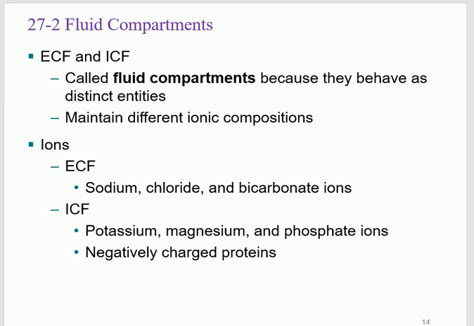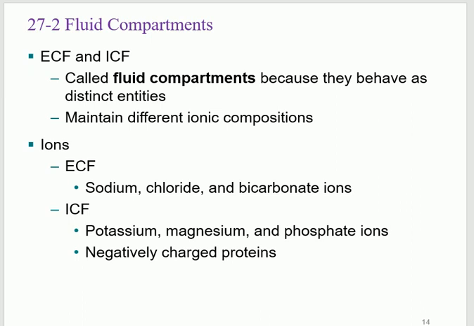Out of those, the most important that you cannot forget are sodium and potassium. Sodium is the main extracellular what? Cation or anion? Cation. And potassium is the main intracellular cation, right?